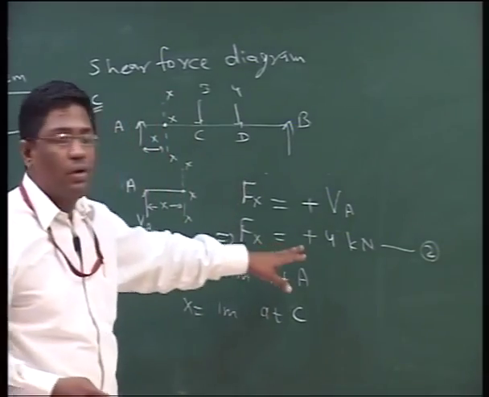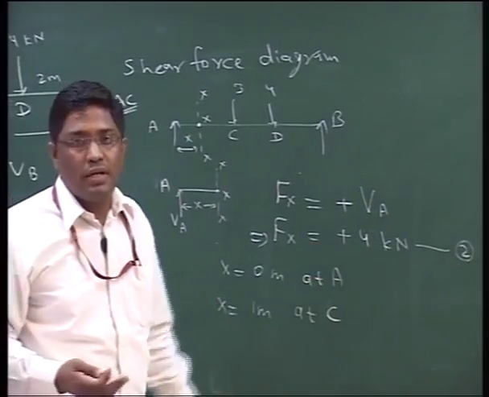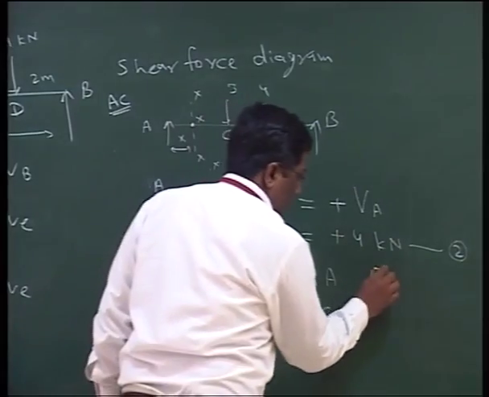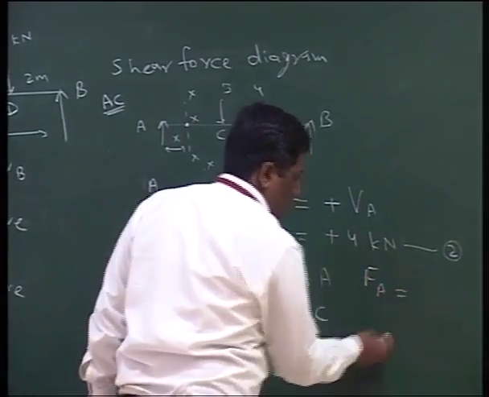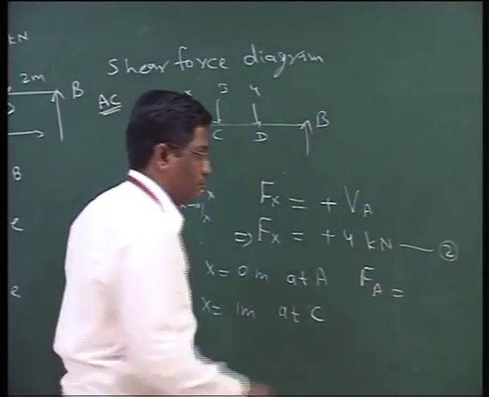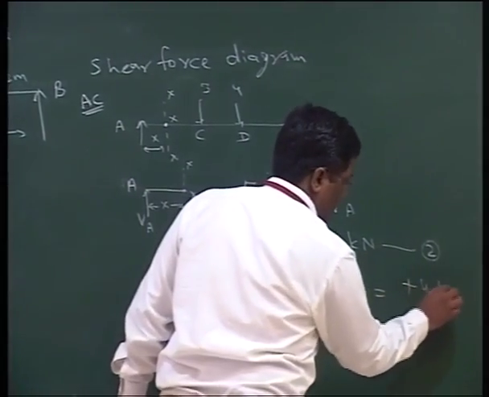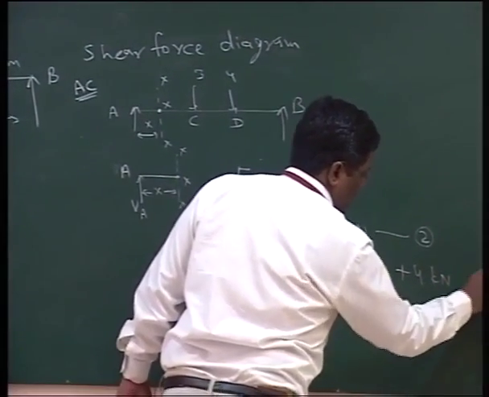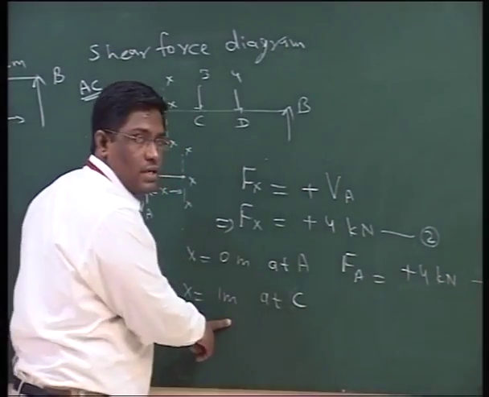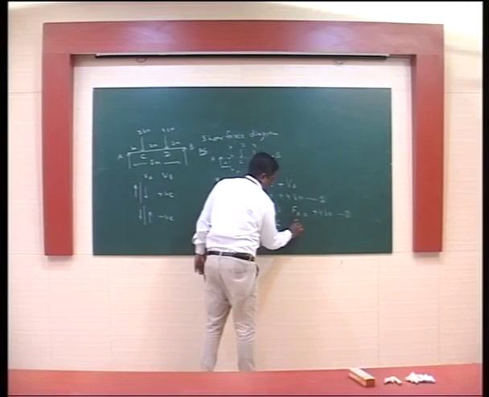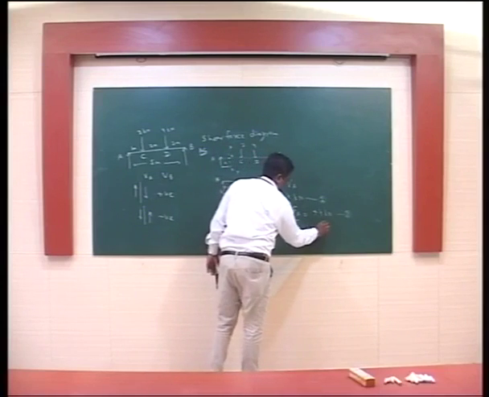Interestingly, this equation does not have any x component. That means at x equal to 0 it will be plus 4, and at C, that is x equal to 1 meter, it will also be plus 4.